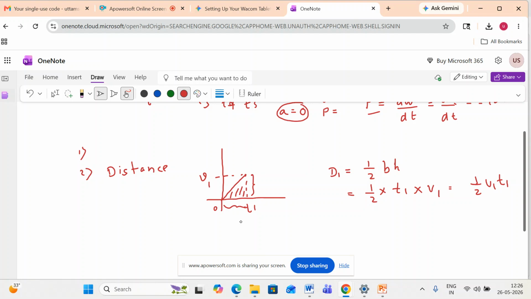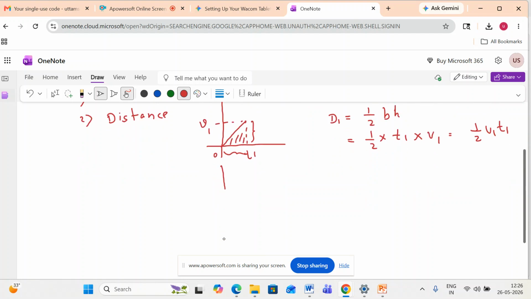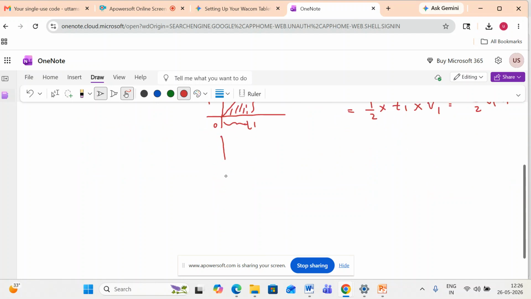Suppose the vehicle is moving with constant velocity, during free run. Suppose from T2 to T3 it is moving with constant speed, say V2. Then what is the distance covered? The area under this curve will give you the distance covered.